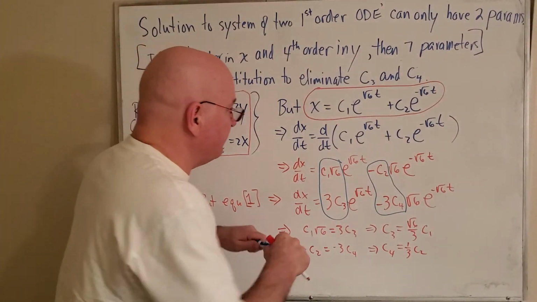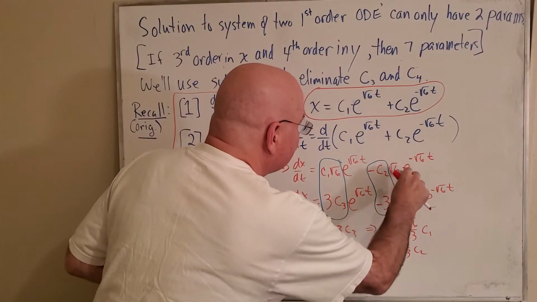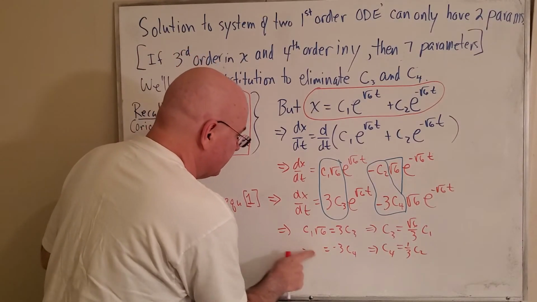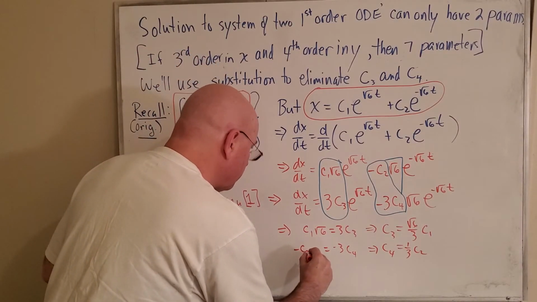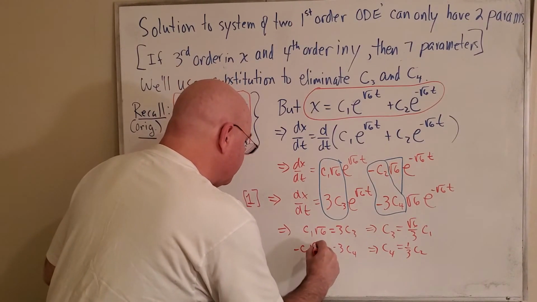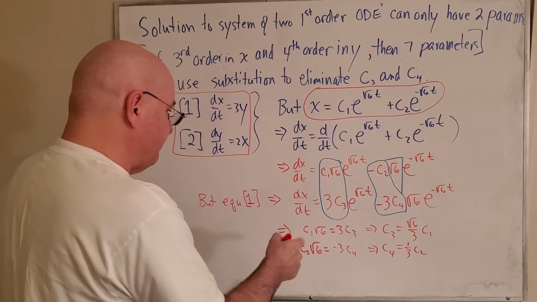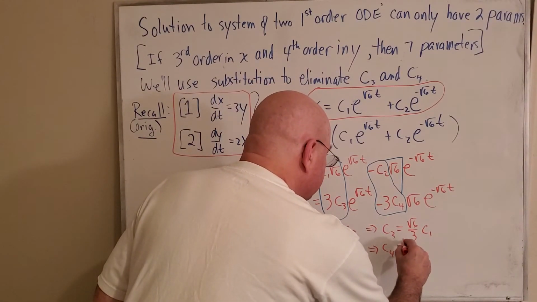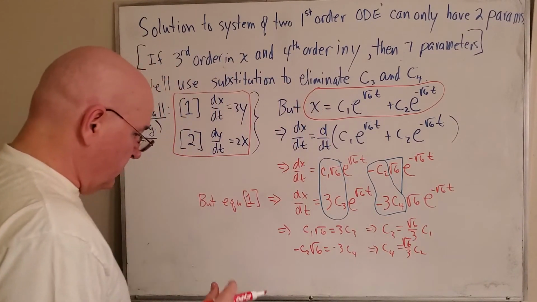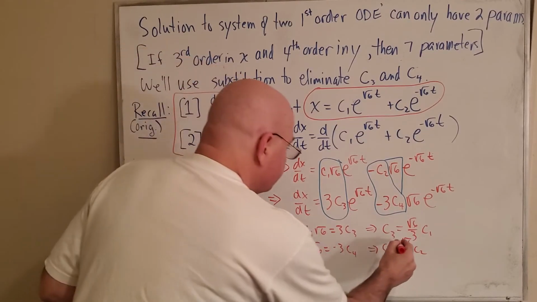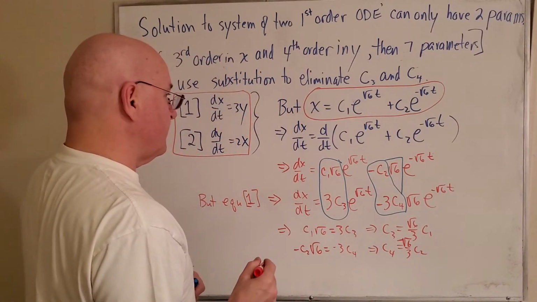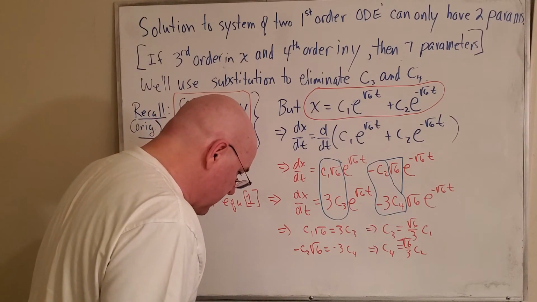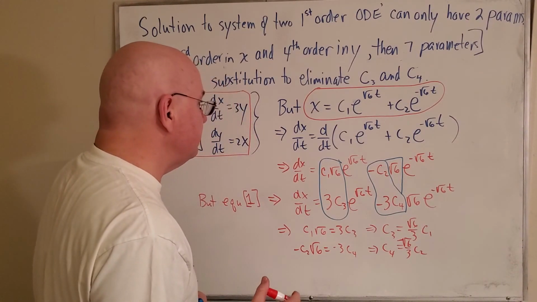Sure you caught that already. I circled this incorrectly. This is negative c2 radical 6. So C4 is radical 6, negative radical 6. And why is it negative? 3C4.